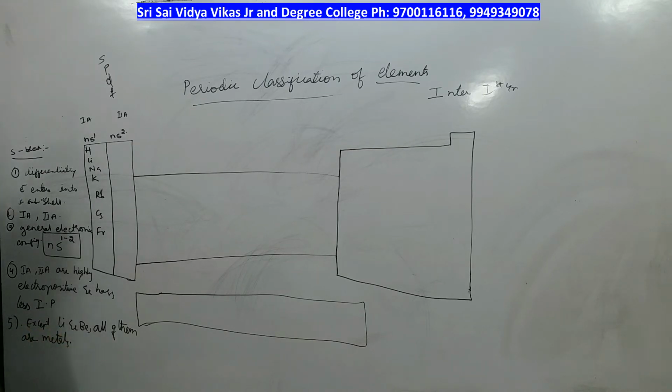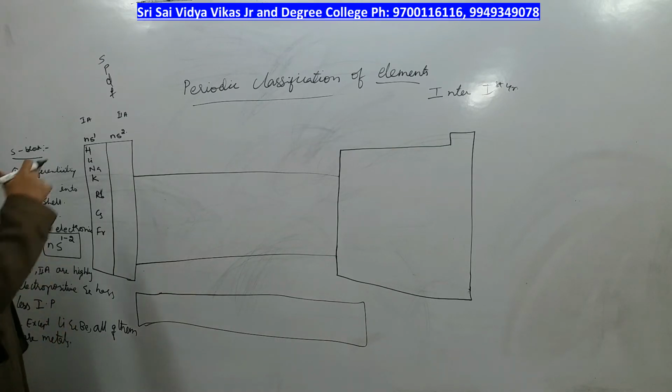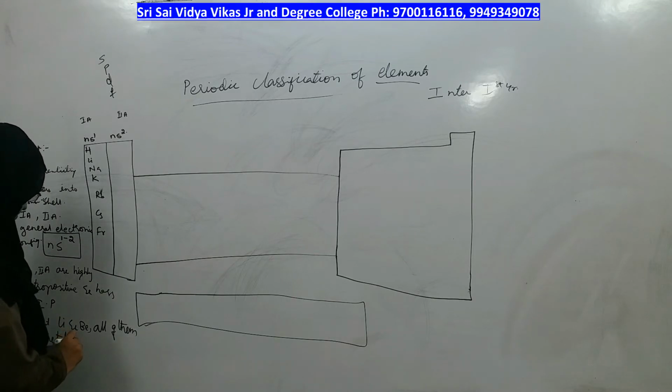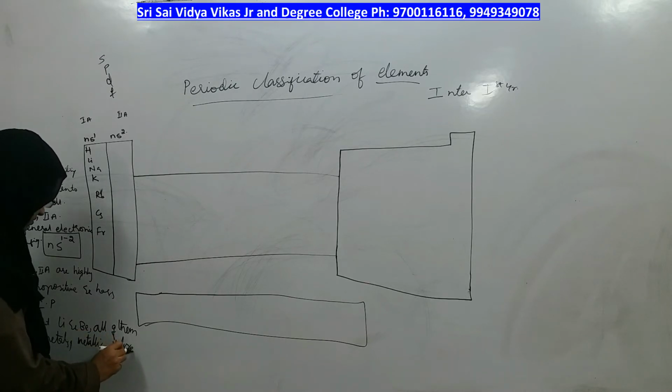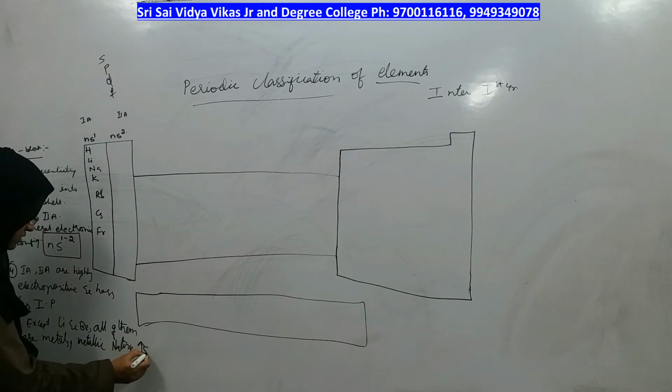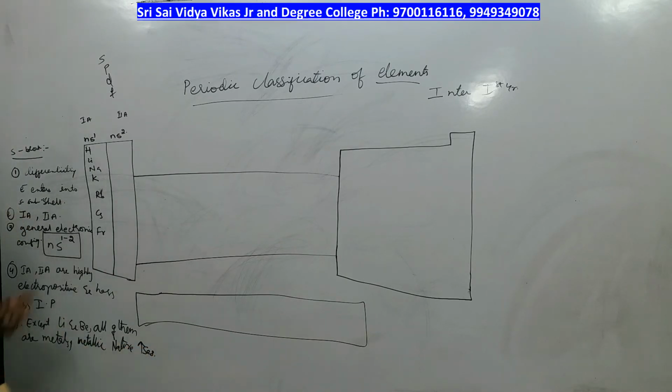What happens to metallic nature? From top to bottom it increases, right. These are our points.